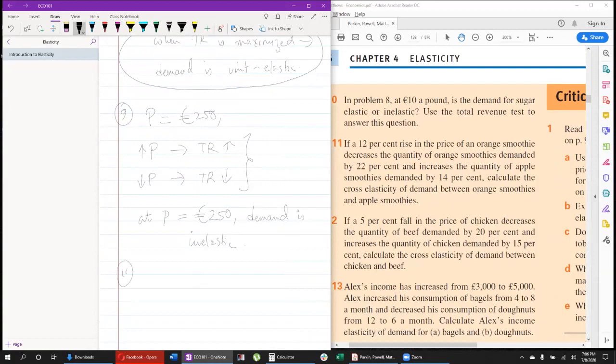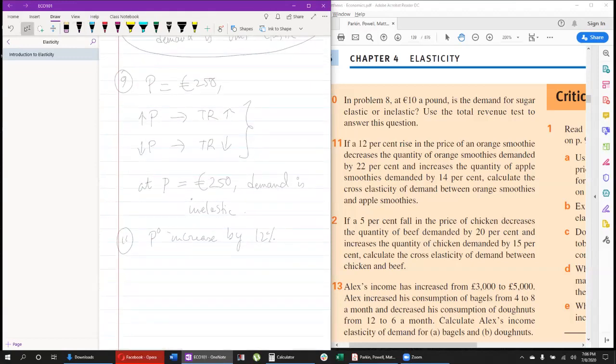Okay, so what we know is that the price of orange has increased by 12%. Quantity demanded of orange smoothie as a result has gone down by 22%.